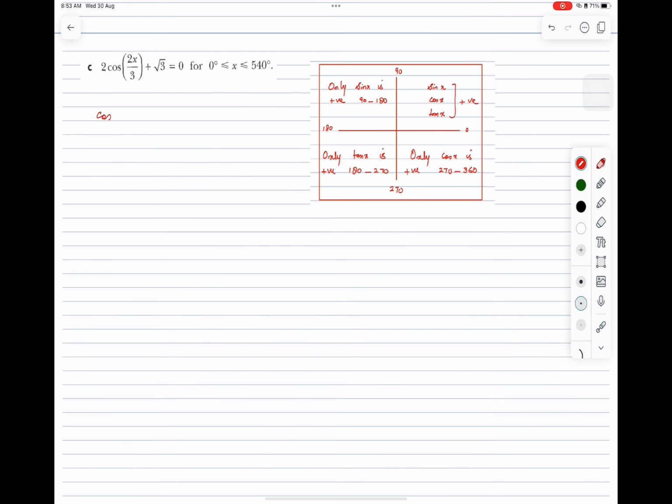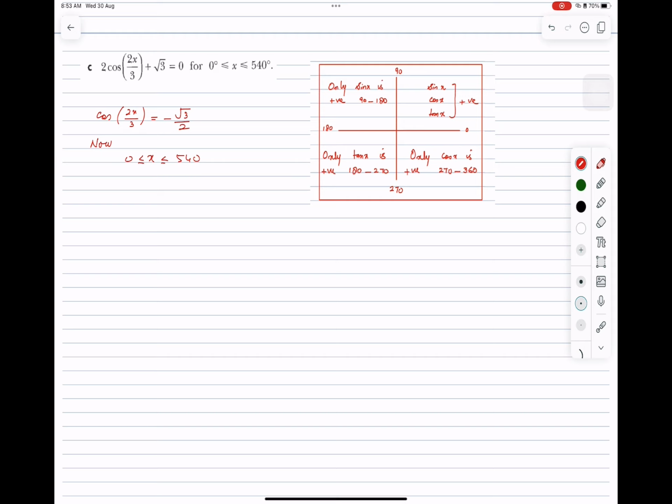This is part C. Now you will divide both sides by 2, and this is cos(2x over 3) is equal to minus root 3 over 2, because I have subtracted root 3 from both sides and then divided both sides by 2. Now again we will do the same thing. First of all, we will change the domain.